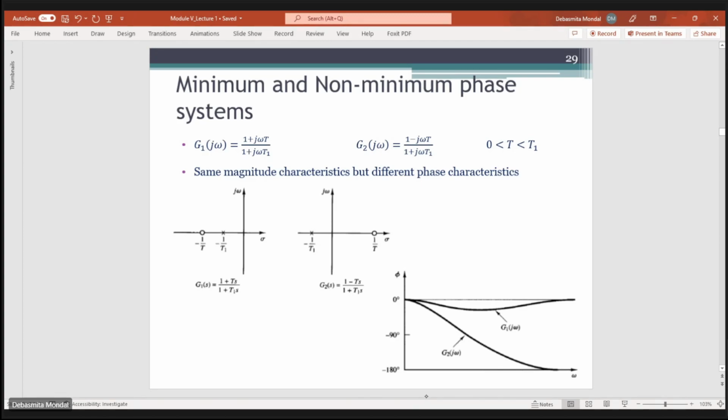If you draw the angle of G2(jω) and the angle of G1(jω), you will see that the phase range of G1(jω) is the minimum one, and G2(jω) is not the minimum among these. So the main difference between minimum and non-minimum phase systems is that for a minimum phase system, the phase response is the minimum one, and you can find out the transfer function of a minimum phase system just by observing the magnitude plot of the Bode diagram.